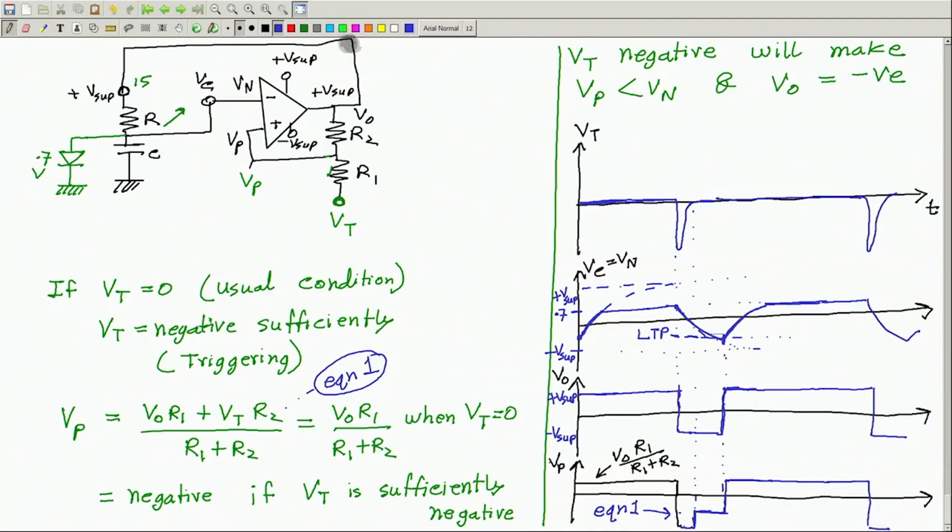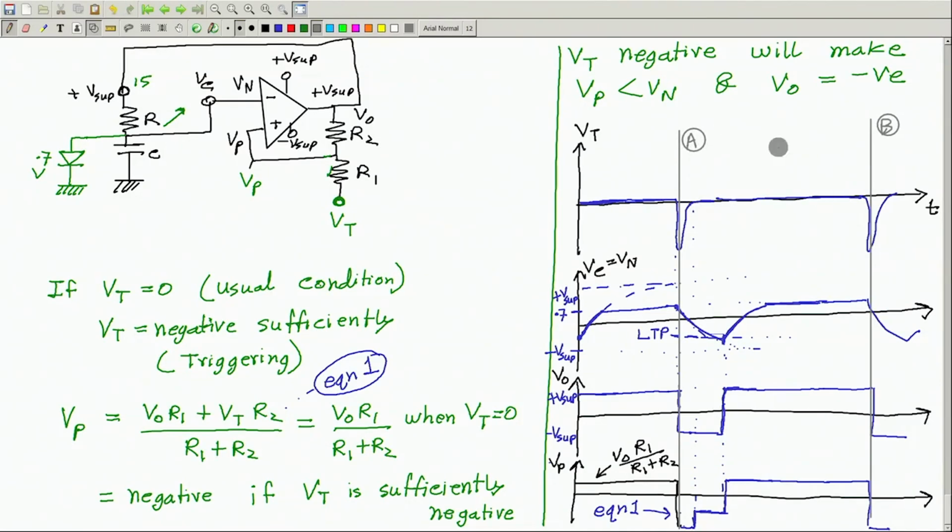So if I mark this as point A, and here this point B, then from point B onwards, everything you can just copy from point A onwards.